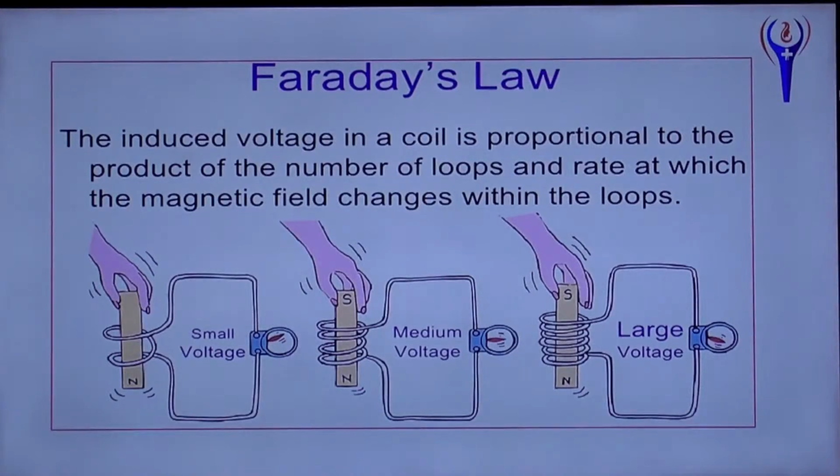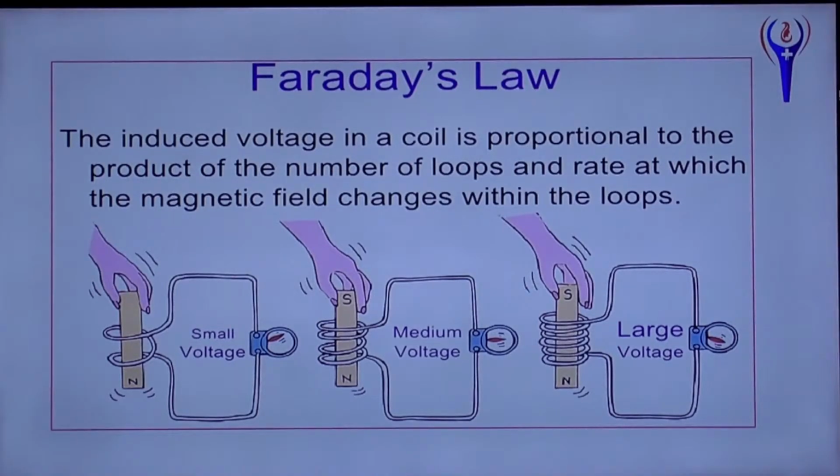Another factor is the number of turns of the coil. Here the coil has very few turns, and then the number of turns is increased. With a large number of turns, what will happen? A large voltage. So it depends upon the number of turns of the coil also.